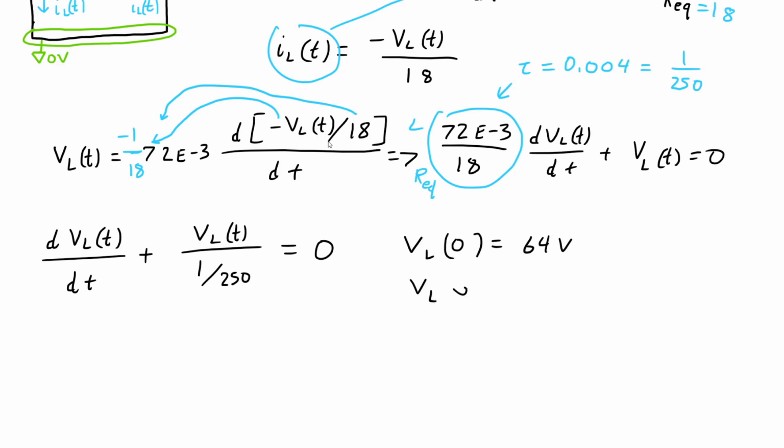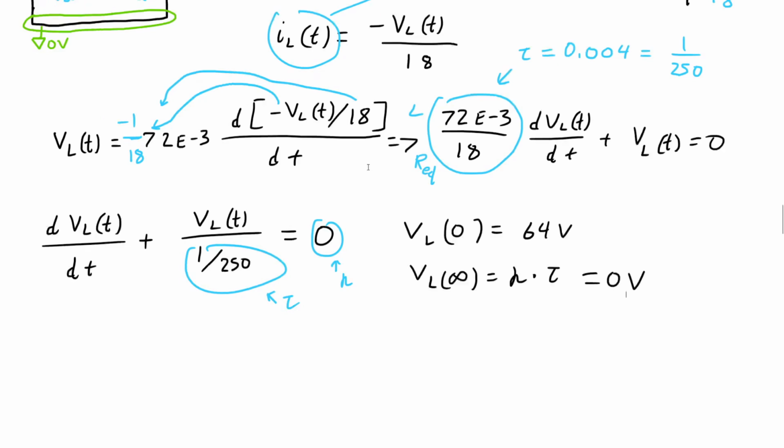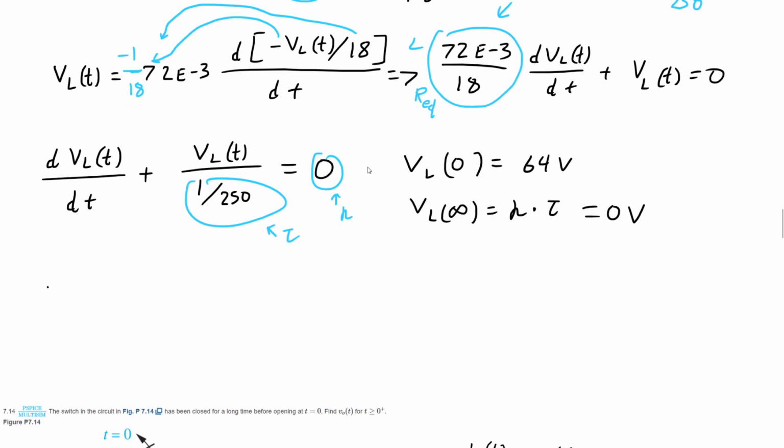We need to know VL infinity. We can calculate it using K and tau. That's K. As before, that's tau. So 0 times anything is 0. And we have everything we need to find out how the voltage across this inductor changes with time.